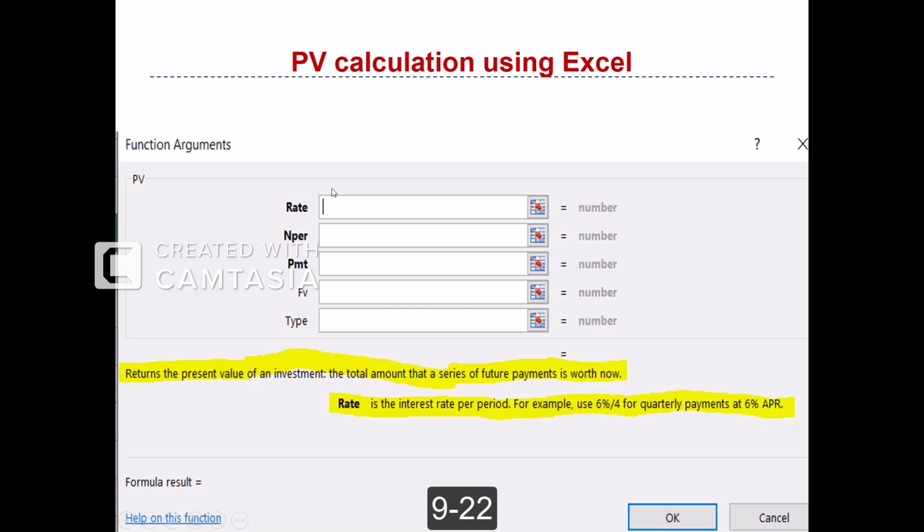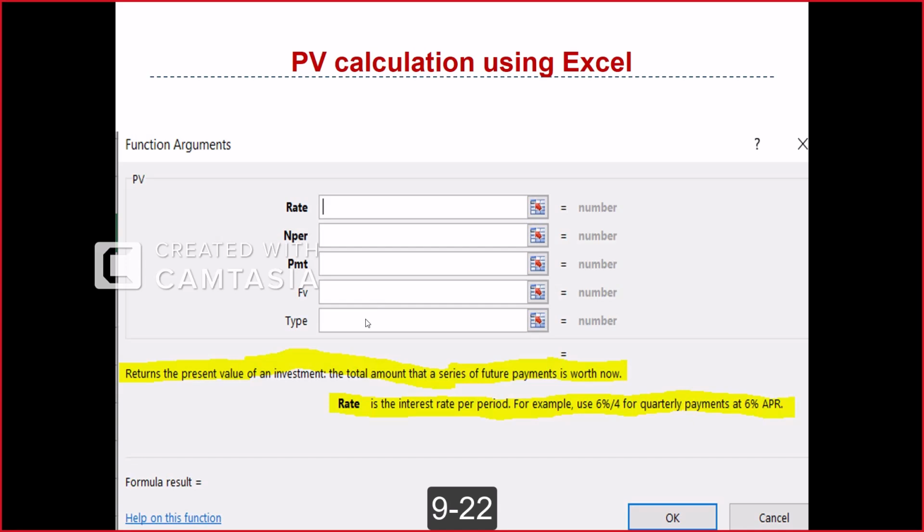You have to fill in all three pieces of information, and in case you have it, you can also add a future value amount. The type means you can leave it empty, whether the payment is at the beginning of the period or at the end of the period. If it is at the beginning of the period, leave it empty, and it will systematically consider the payment to be made at the beginning of the period.